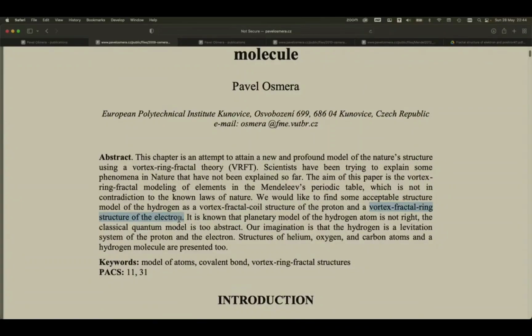So this is why Pavel's work was forwarded to me when we found these structures and their imprints and the physical manifestation of them last year.